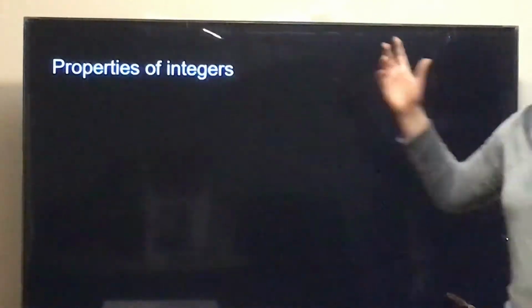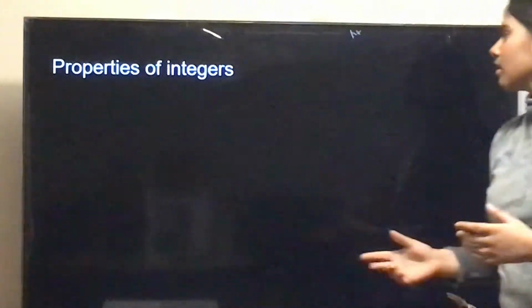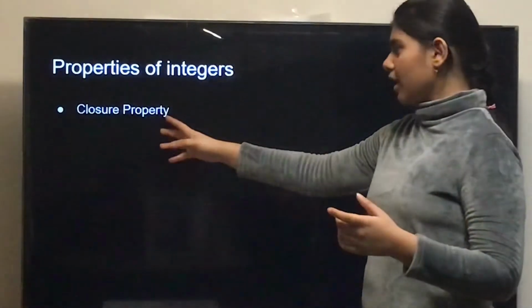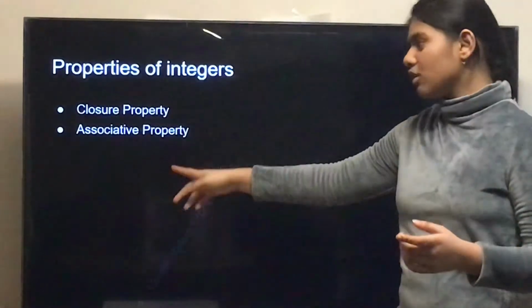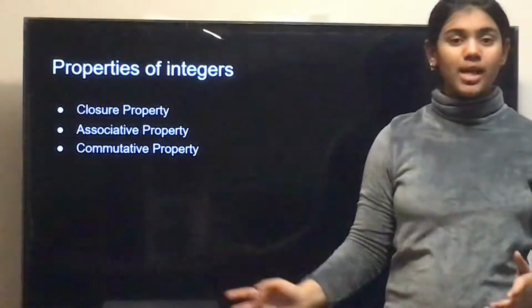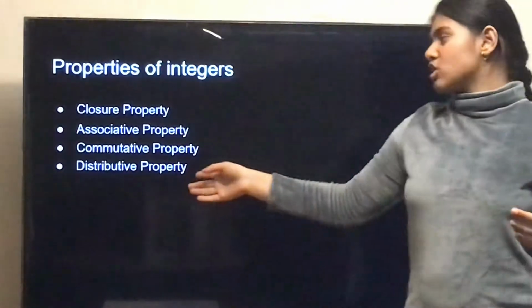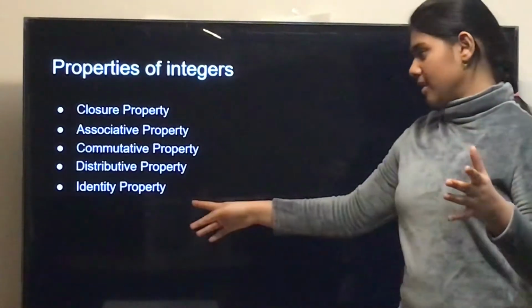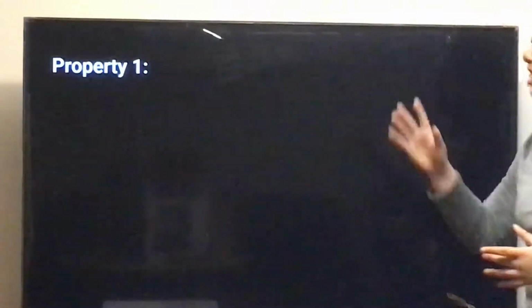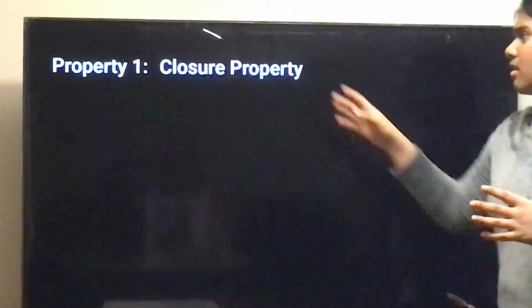Now let's take a look at the properties of integers. Now the closure property, the associative property, the commutative property, the distributive property, and the identity property. Now the first one is the closure property.